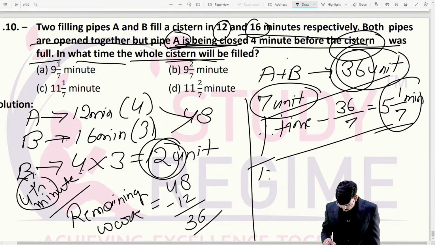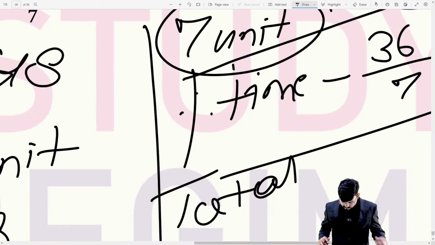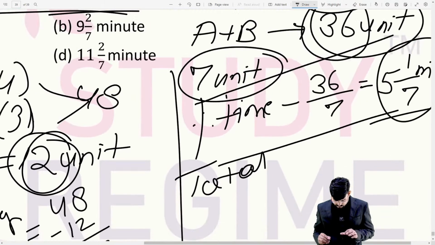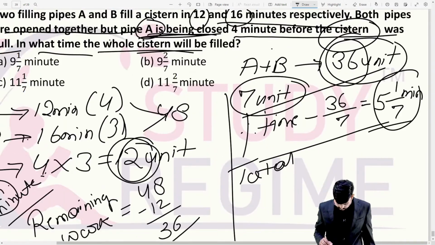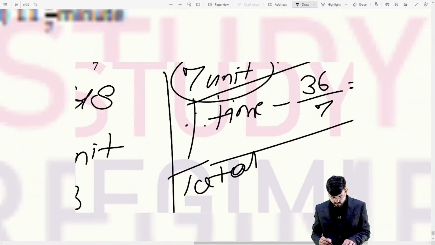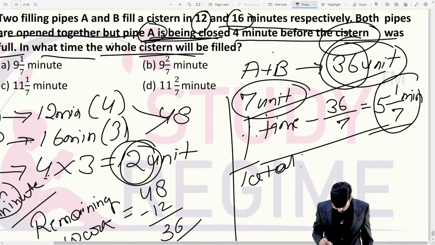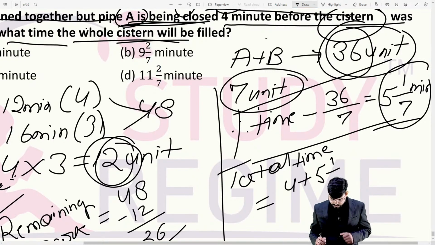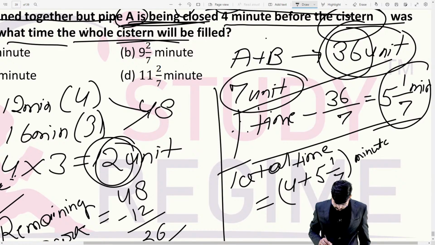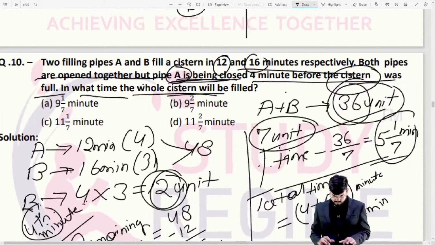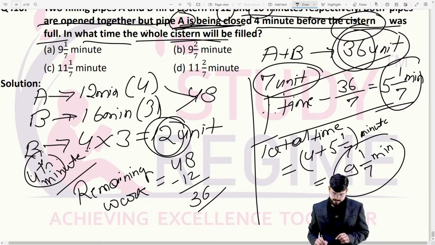So the total time is equal to 4 plus 5 1 by 7 minutes, which will be equal to 9 and 1 by 7 minutes.